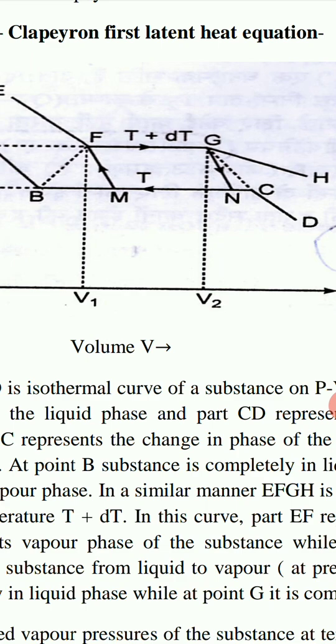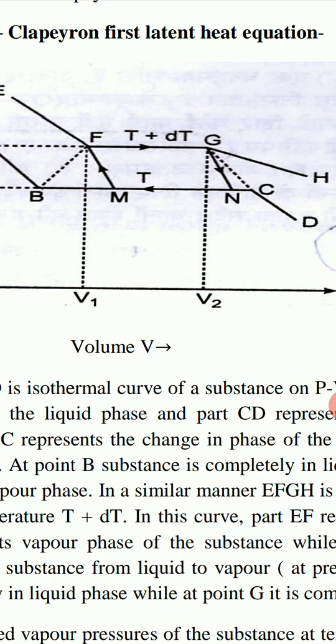So, to prove first latent heat equation, we draw two adiabatic curves FM and GN from points F and G respectively, so that FGNMF, this closed curve will represent a Carnot cycle.